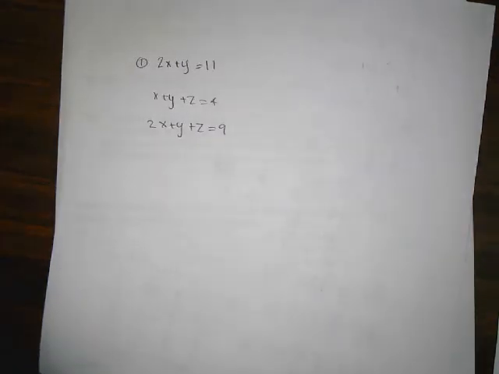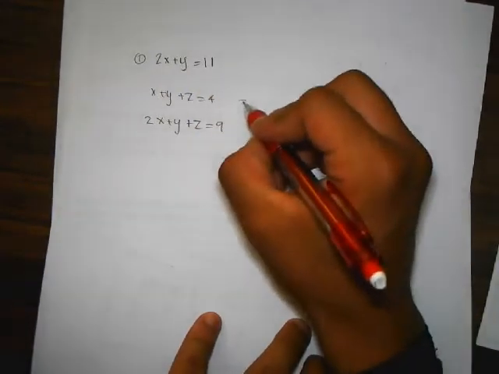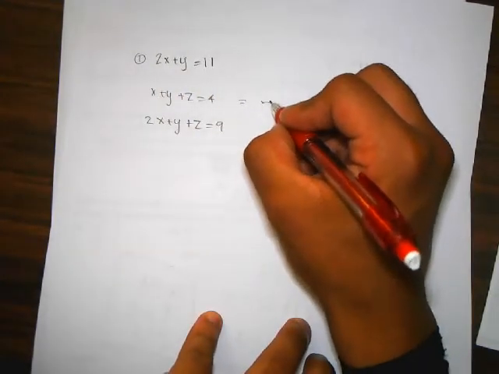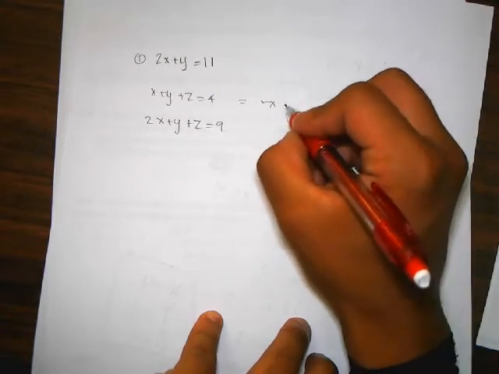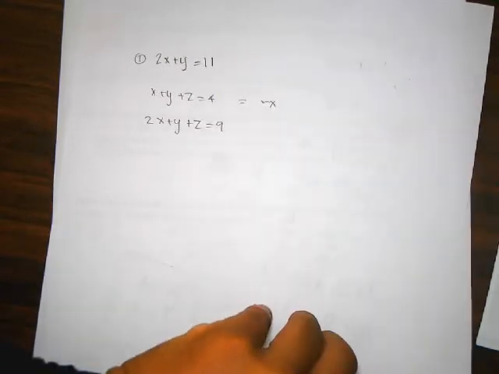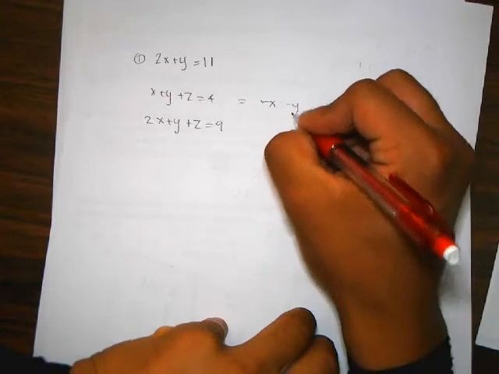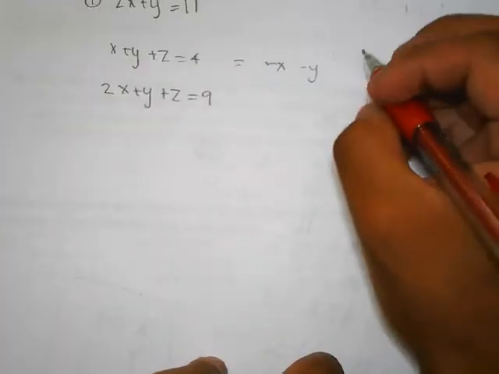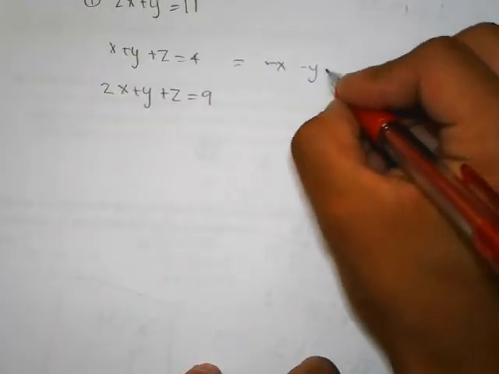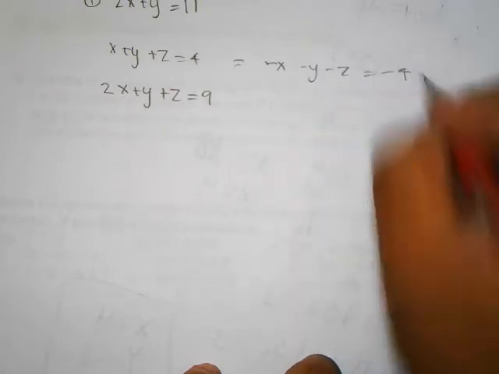I noticed that if I multiply the second equation by a negative, it will turn into negative x minus y minus z equals -4.